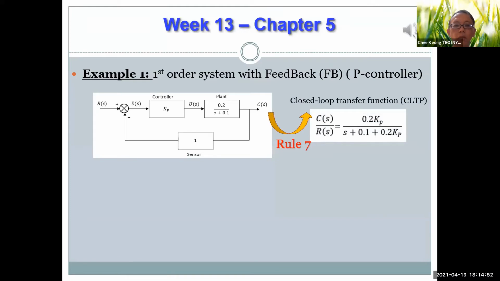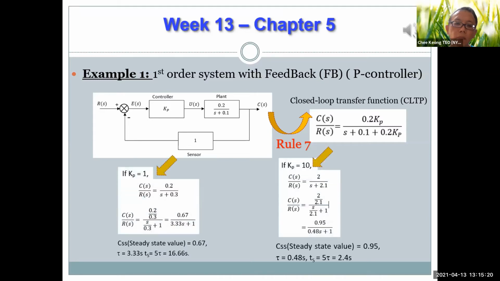Now let's look at a first order system, 0.2 over S plus 0.1, with P controller and unity feedback. Again, using rule 7 for negative feedback in block diagram manipulation, C(S) over R(S) can be simplified to 0.2 Kp over S plus 0.1 plus 0.2 Kp.